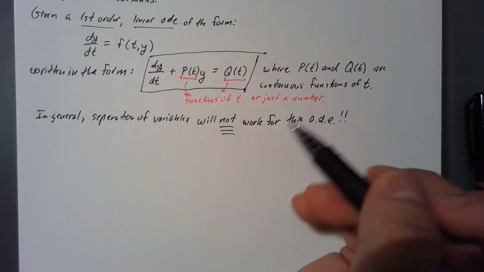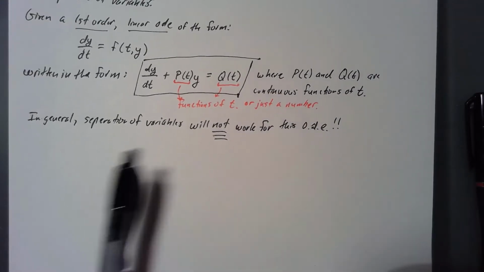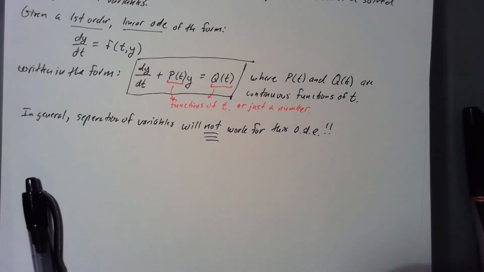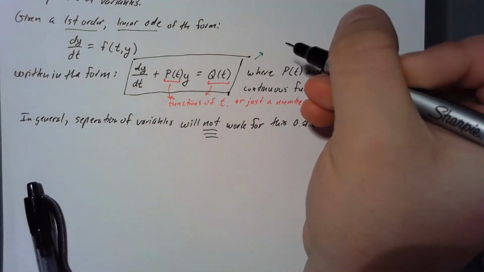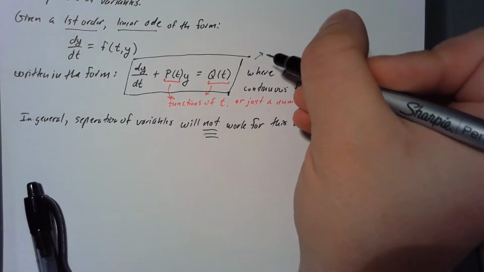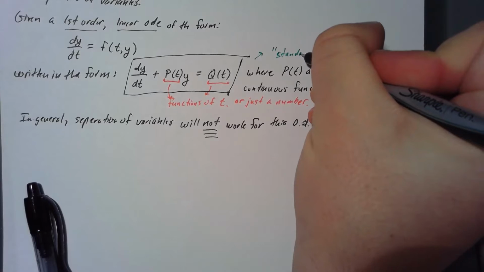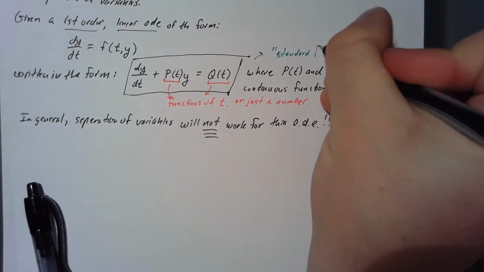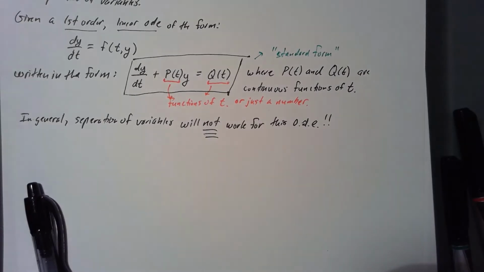And before we look at that, I do want to make one very important note. If you have a first-order linear ODE written in this form, you hear this a lot in a lot of contexts in math, this is called the standard form. That's important.